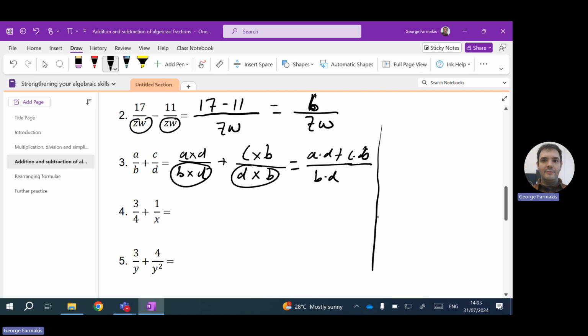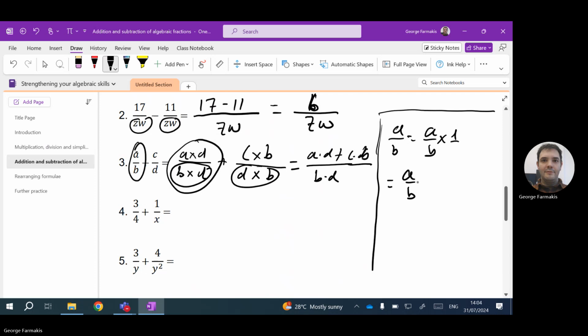Let me do a note here. Why a over b is equal to a times d over b times d. If you have a over b, you can write this as a over b times 1. I just multiplied with 1. Now 1, I can write as d over d. So d over d is equal to 1. And now I multiply two algebraic fractions.